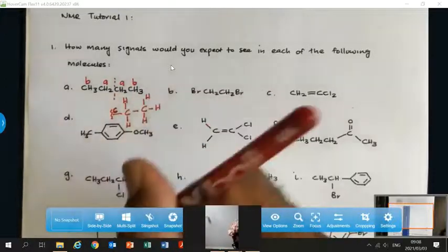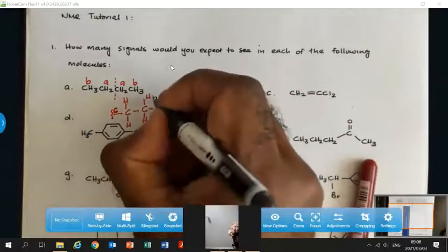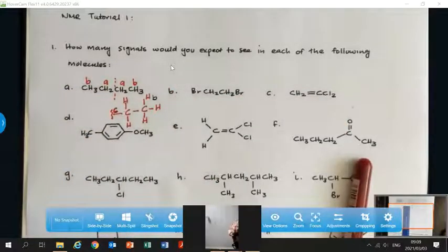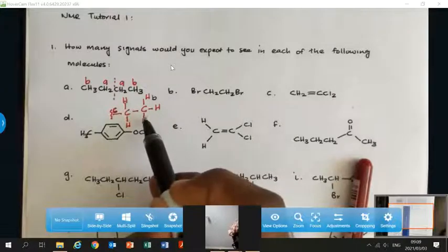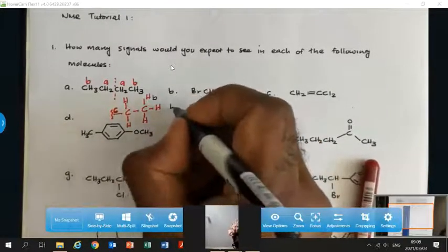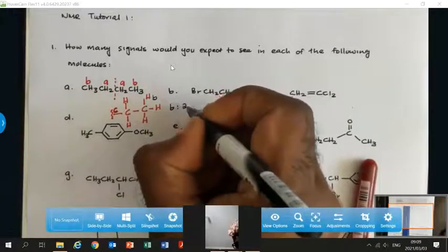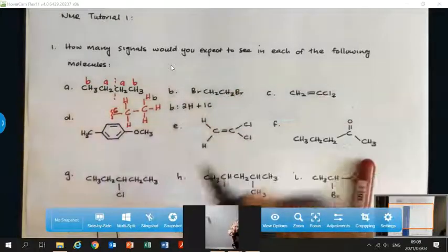So if I look at this hydrogen that I've labeled as B, it's next to a hydrogen and a carbon. All right, so if I take B here, I can say it's next to 2 hydrogens and 1 carbon.